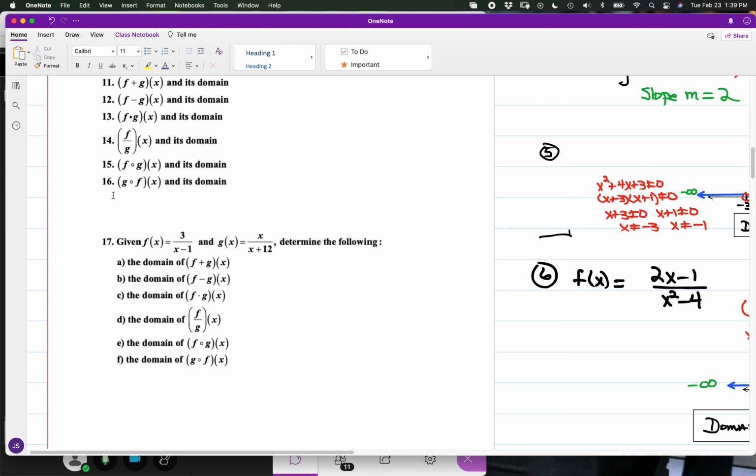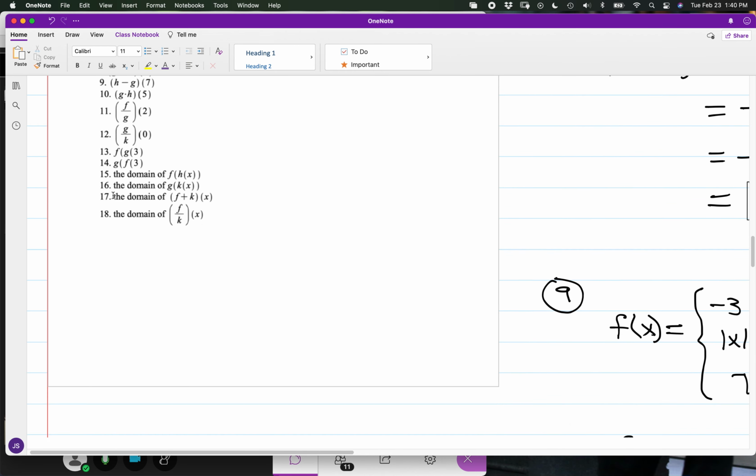Okay, right now we have f of x equal to 3 over x minus 1 and g of x equal to x over x plus 12. Now for the domains.